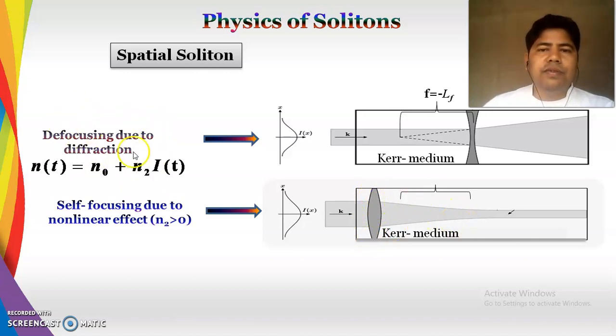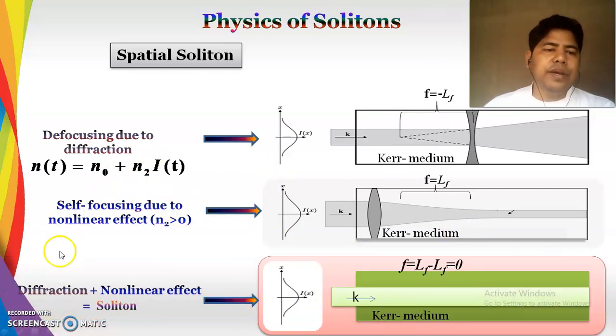So due to diffraction, light gets dispersed, and due to self-focusing, light gets focused. Focusing and defocusing appear because of these two terms, diffraction and self-focusing. If both effects appear together, diffraction and the nonlinear effect, there will be a production of soliton. How? Here f is negative, here f is positive.